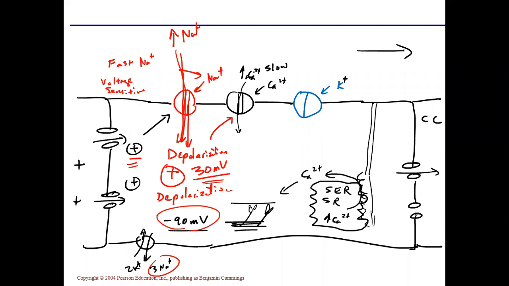Now, at a similar time, the channels of potassium are opening and a few potassium are leaving, because remember, they are sensitive to the voltage gated channel as well, and they are also kind of slow, so potassium is leaving. This is called a plateau phase.